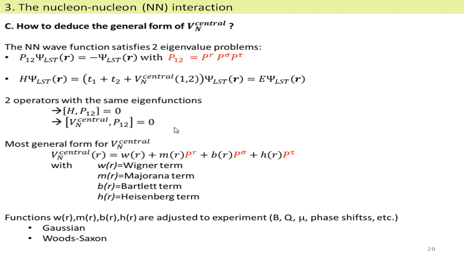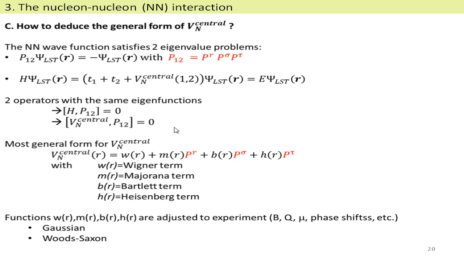So then how to use the Pauli principle to determine the general form of Vn? Well, we know that we have a nucleon-nucleon wave function. We don't know exactly what it is, but we know that it satisfies two eigenvalue problems. So it's antisymmetric: if you apply the exchange operator, it provides you with a minus sign.